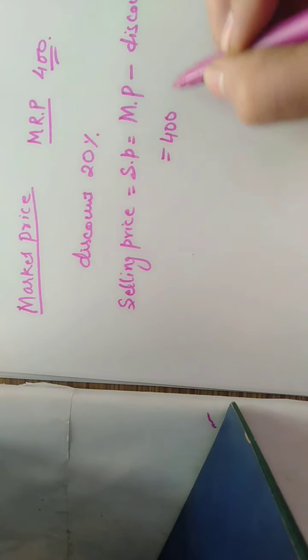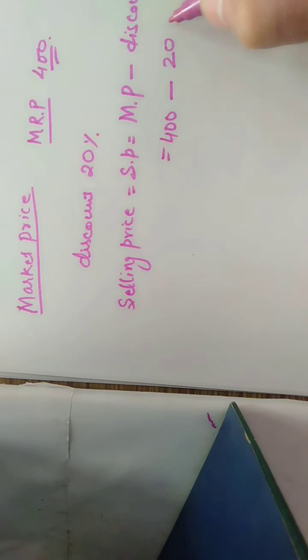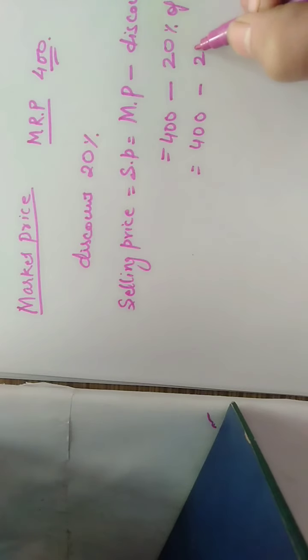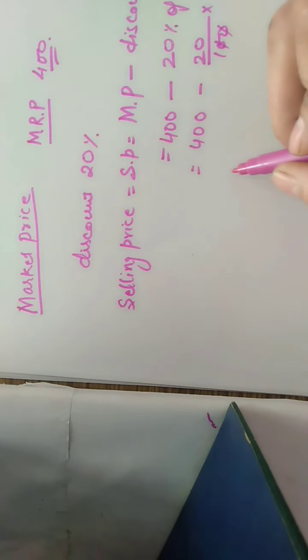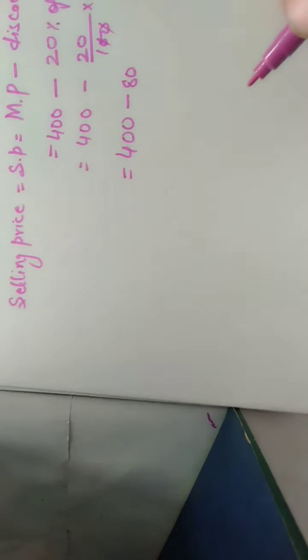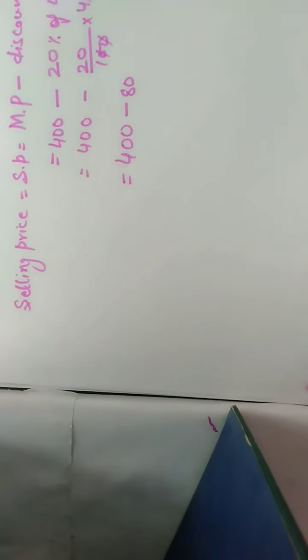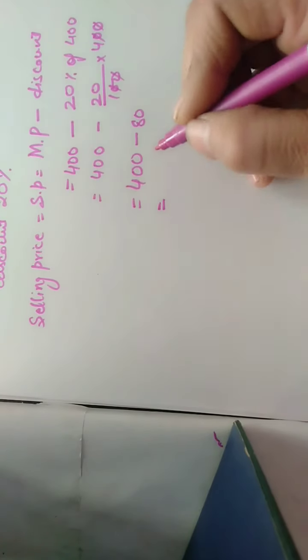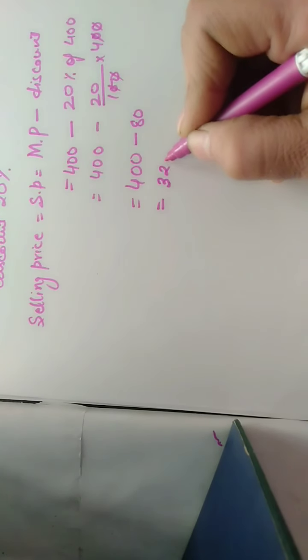The market price is 400 and the discount given is 20% of 400. 20 upon 100 into 400. 2 4s are 8, so 80. Now you can see that 80 rupees they will be reducing, and when they reduce these 80 rupees, the price will be 320.